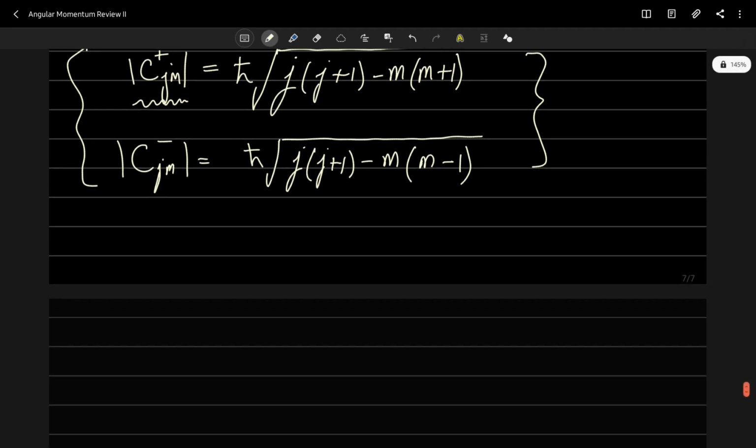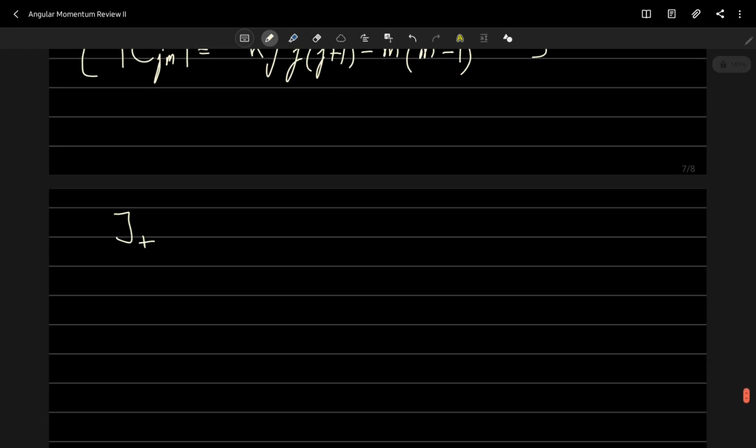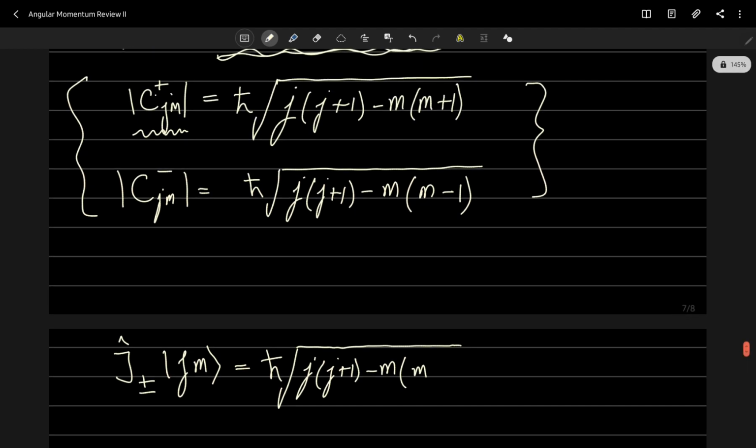And we can finally generalize it to say J plus minus acting on jm would give you h bar square root of j into j plus 1 minus m into m plus minus 1. For plus we had m plus 1, and for minus we had m minus 1, right?